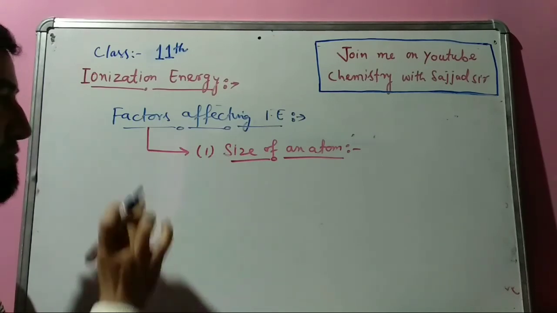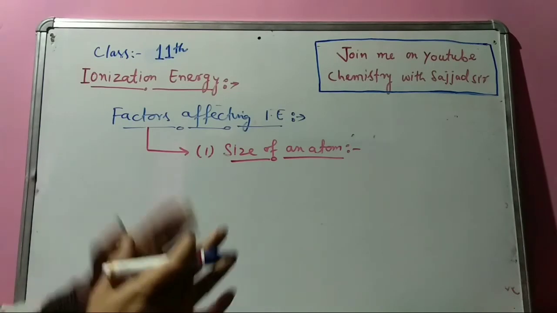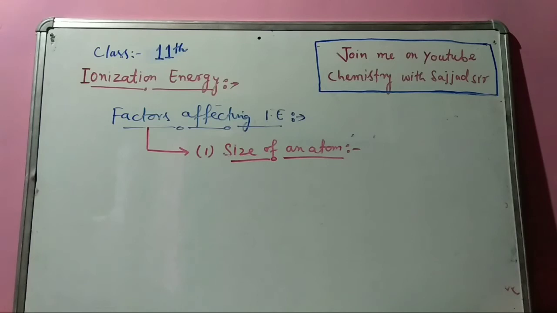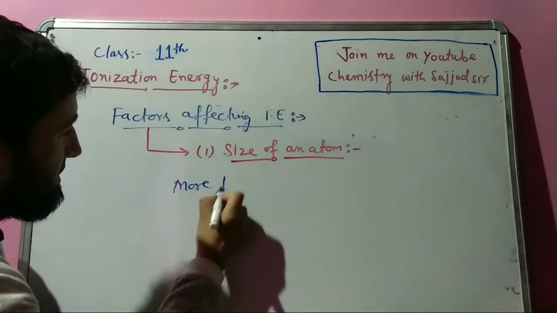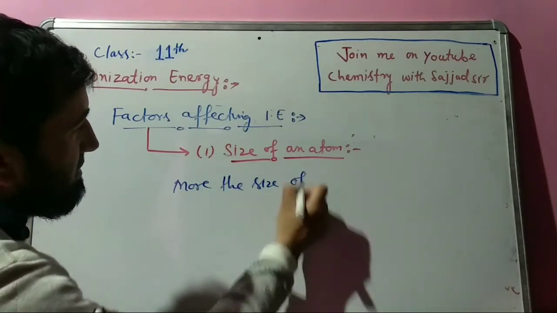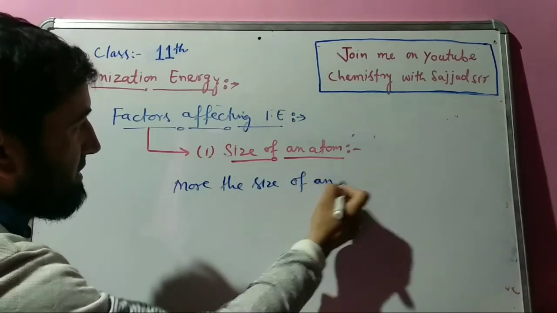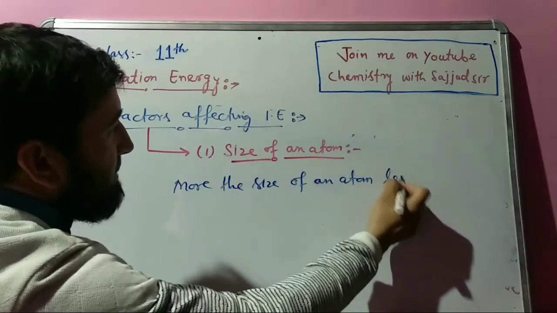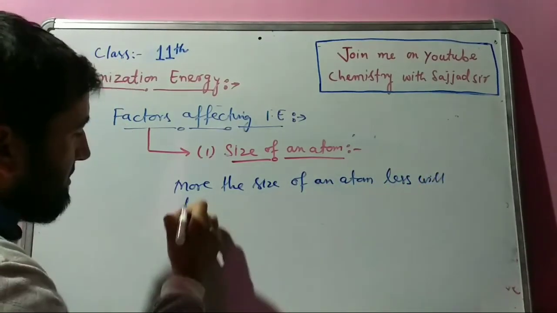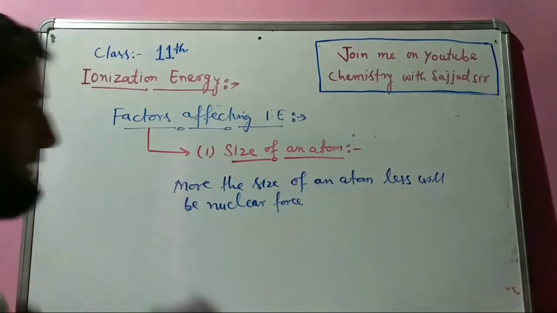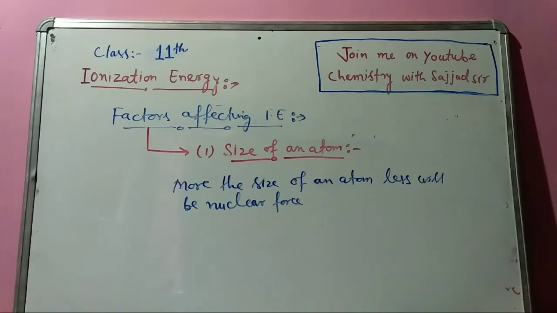Now, more the size of an atom, that is more is the distance between the outermost electron and the nucleus, so less will be the nuclear force of attraction. And when the nuclear force of attraction is less, it means we have to require a small amount of energy to remove the electron.